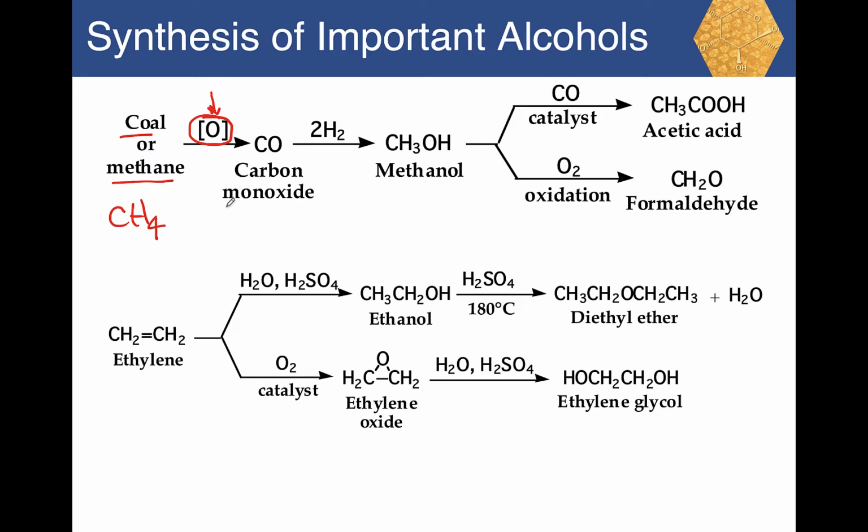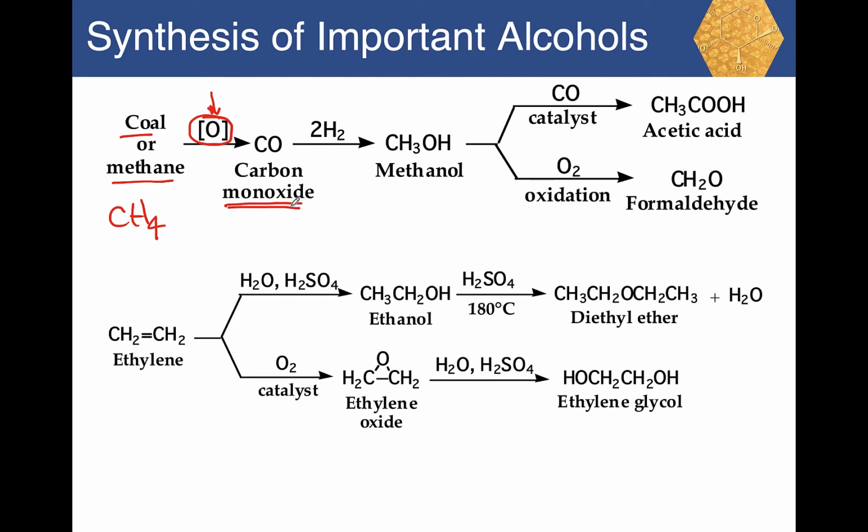We can get carbon monoxide. So again, you burn coal, we all know that. We burn coal in the presence of oxygen. We do get carbon monoxide. And of course carbon dioxide, but we get carbon monoxide also.